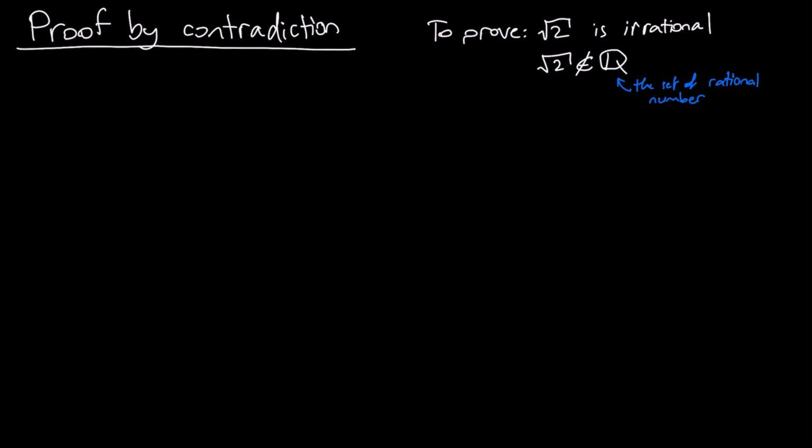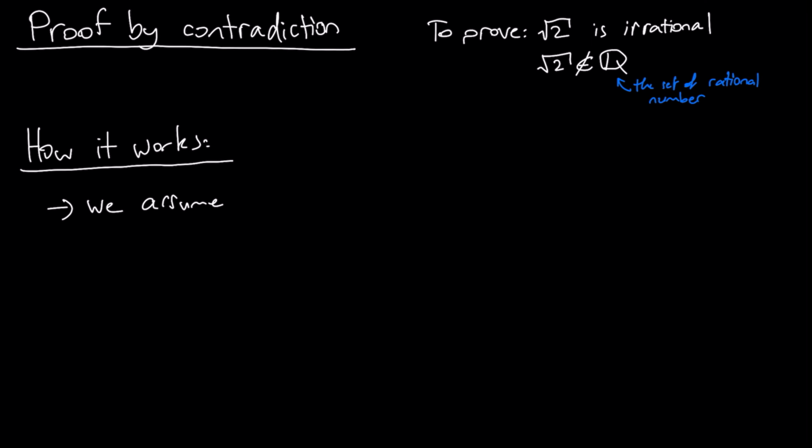But before we get into that example, let's quickly go through how a proof by contradiction works. So, how it works. In a proof by contradiction, we want to prove a certain statement. We assume the statement is false.